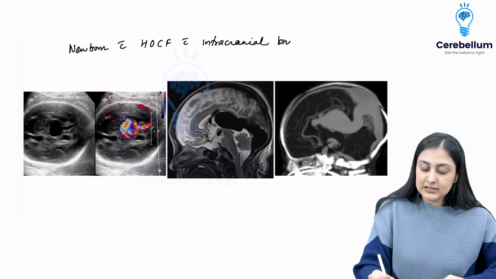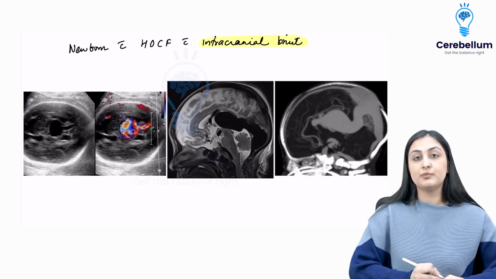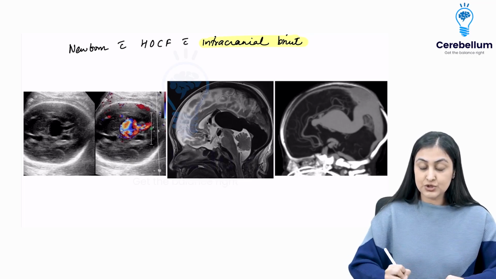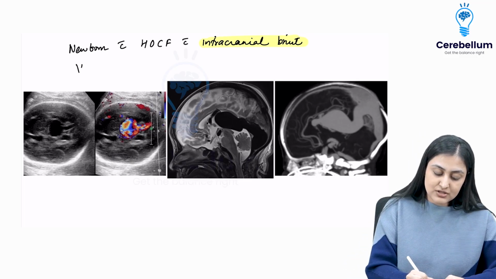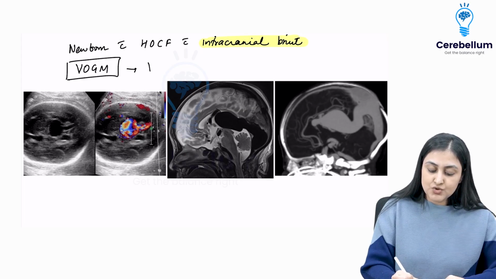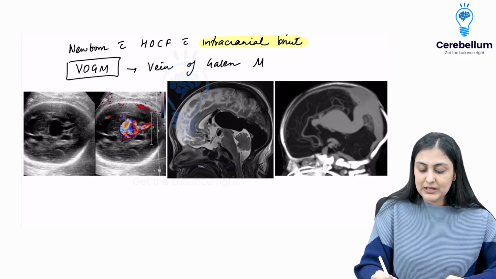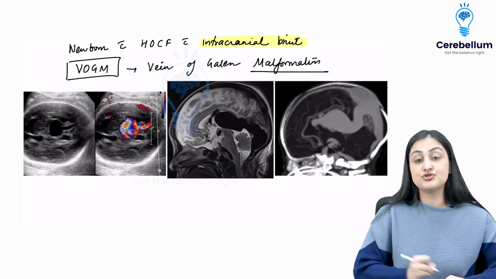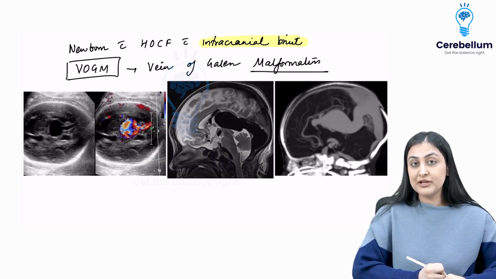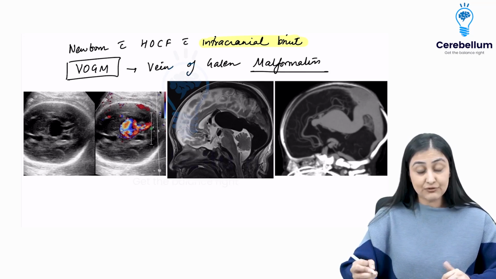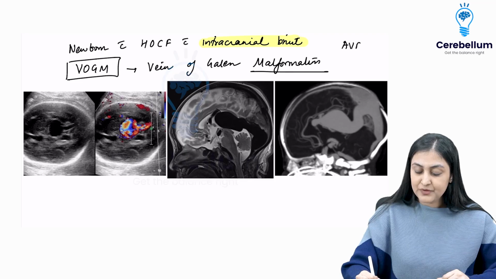Intracranial bruit is your buzzword, and this is because of this giant vascular structure that you can see, which is the vein of Galen malformation. So the diagnosis here is vein of Galen malformation. This is actually a type of AV fistula. The term vein of Galen malformation is a misnomer, because it's not an AVM, it's actually an AV fistula.